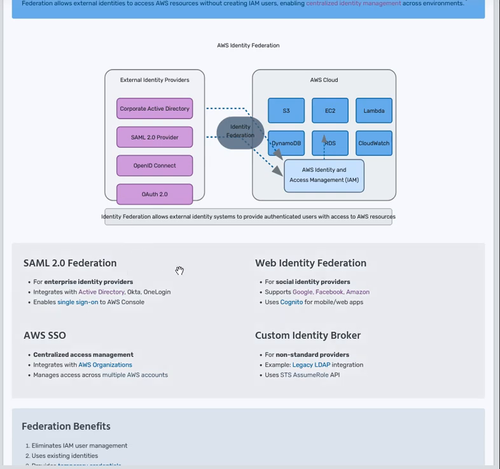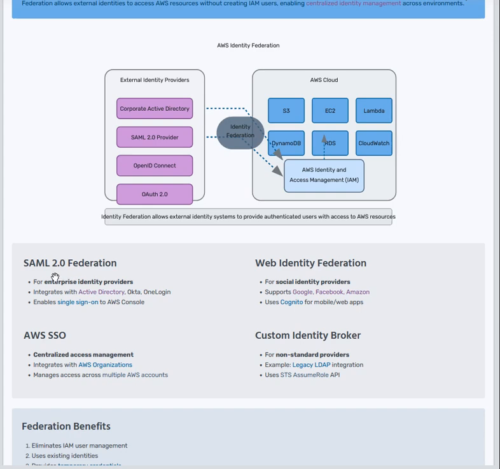You can use Corporate Active Directory, a SAML 2.0 provider, OpenID Connect, OAuth 2.0, and then identity federation with AWS Identity and Access Management, and then use services in AWS, right? So we'll go into a little bit more detail.